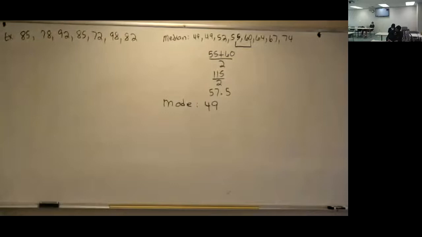So first we find our mean. So the mean, right this time, right? Mean. I want to add them all together and divide by 7. So I'm going to add them all together, divide by 7.